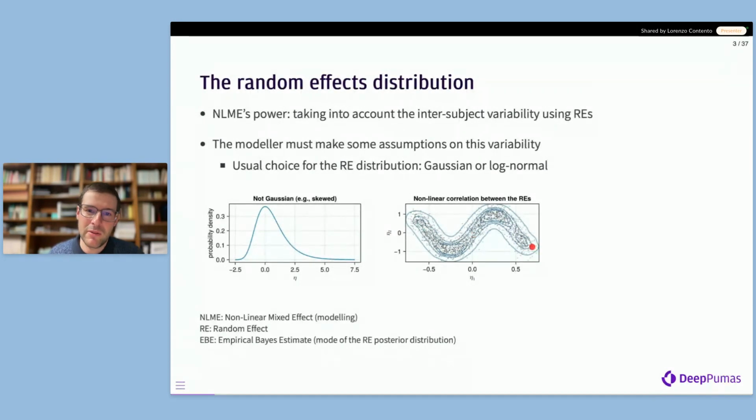And if you try to approximate this with a Gaussian distribution, you will get something that will cover all of the true distribution, but will also cover some points that are outside the true distribution. So this means that using a Gaussian approximation here would lead to overestimating the variability that is present in the random effects.